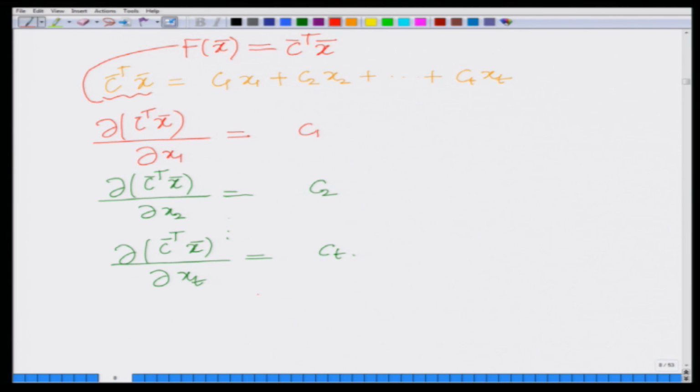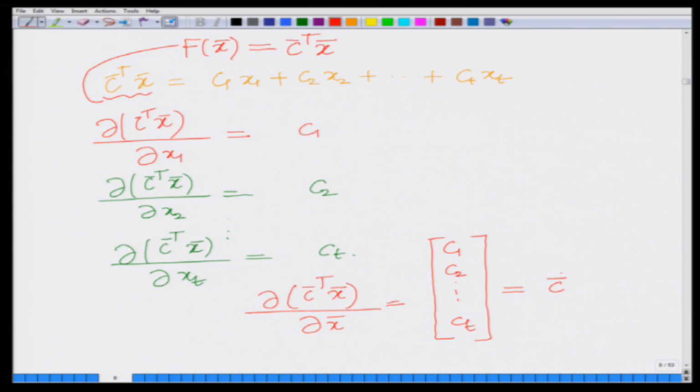And therefore, I can now write the vector derivative of c bar transpose x bar with respect to x bar as basically c1 c2 ct, which is equal to c bar. So, if I have a function f of x bar which is given as c bar transpose times x bar, the derivative of this function with respect to x bar is simply the vector c bar, right. This is the definition of the vector derivative.